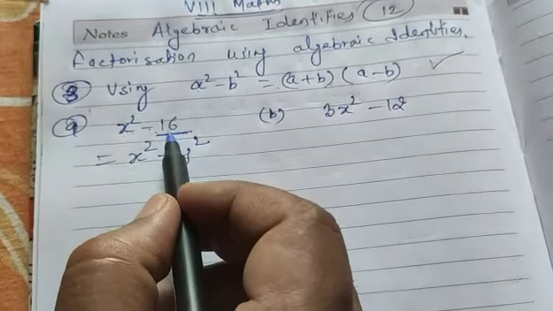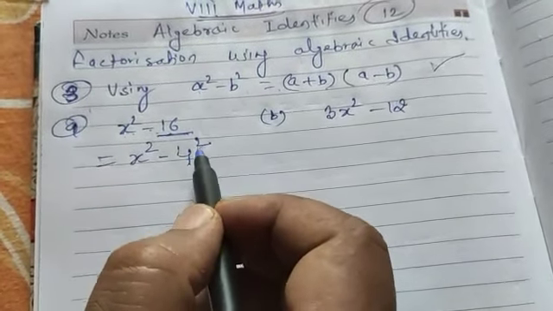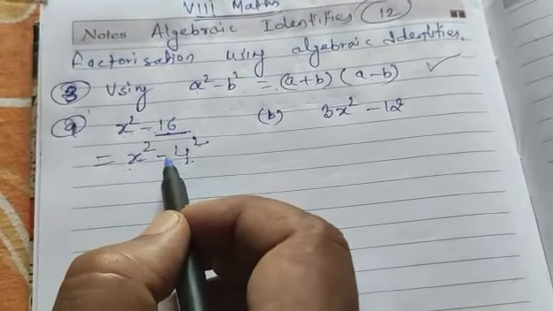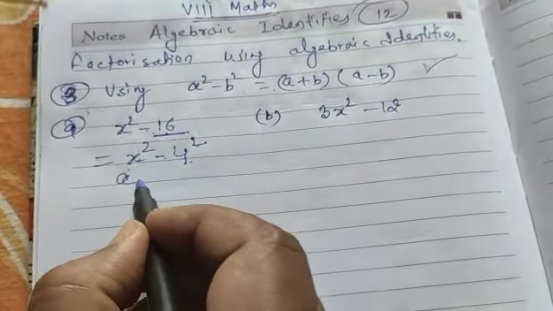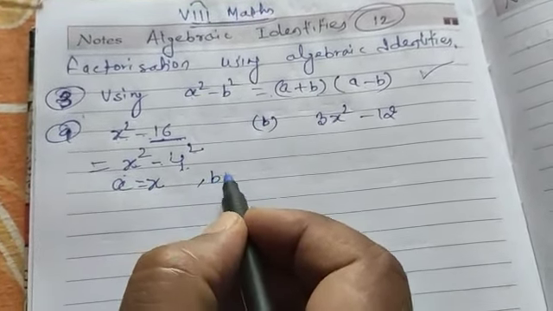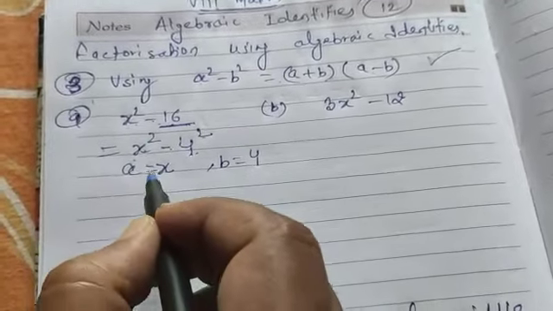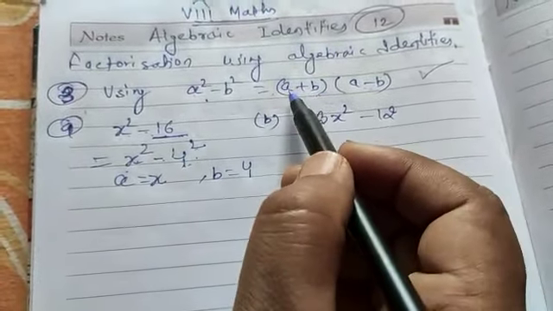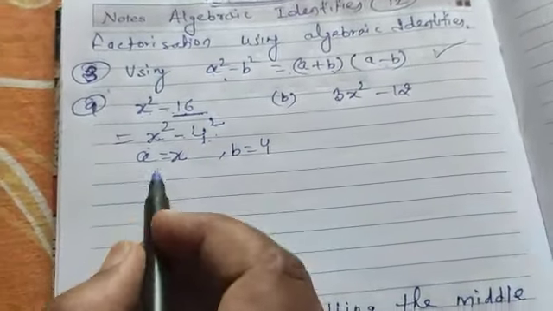So in place of 16 you have to write 4 square. Now it is clearly in the form of a square minus b square, where a is equal to x and b equal to 4. Therefore we can use this formula here, a plus b into a minus b.